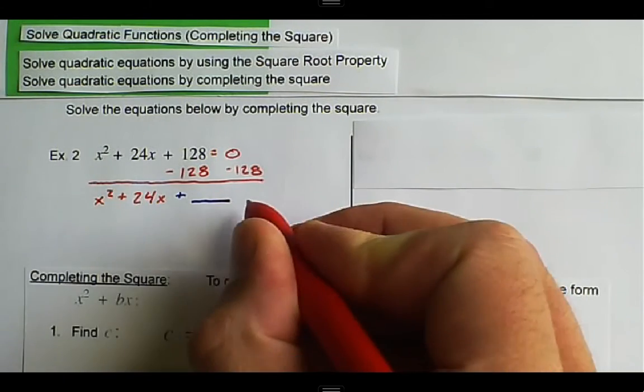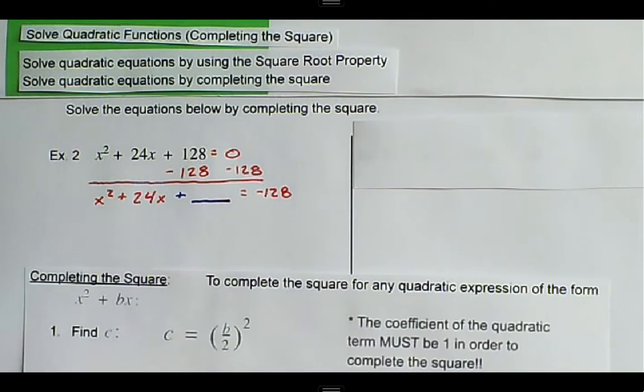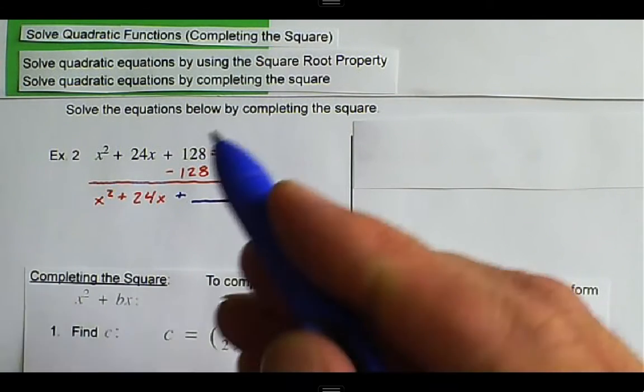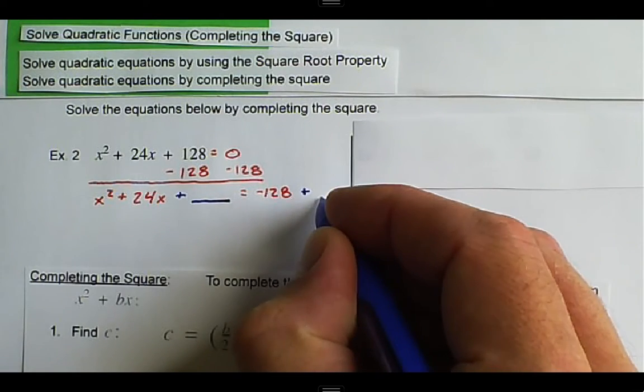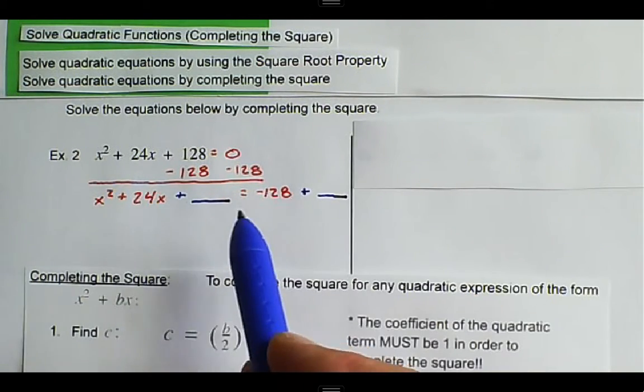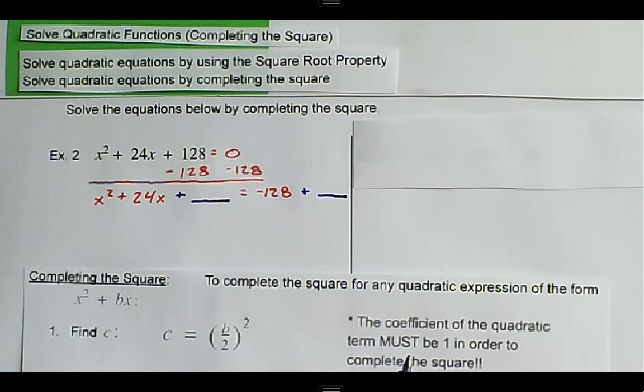And that is still going to be equal to negative 128. But that value is also going to be added to this side as well. Whatever we add to the left side, we're going to have to add to the right side also.